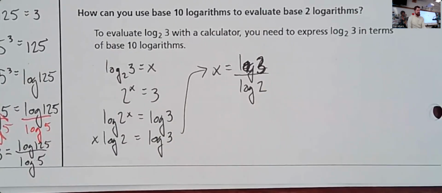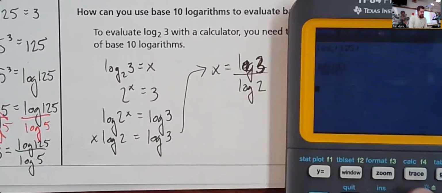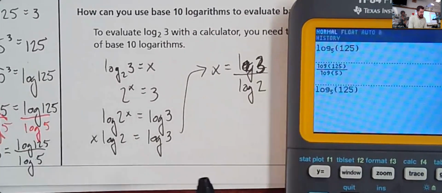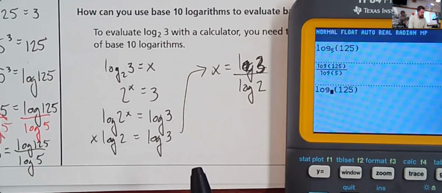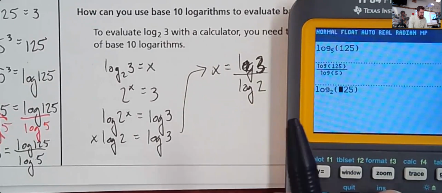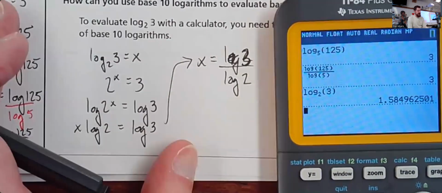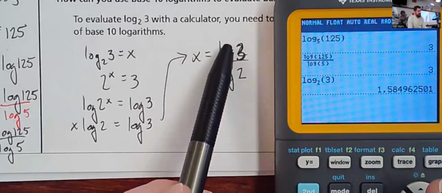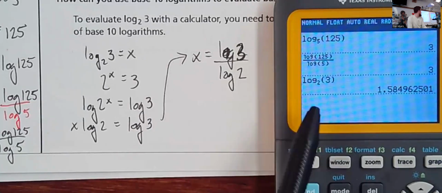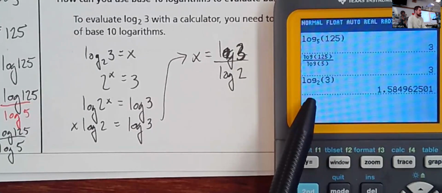So let's see what happens then. I'm just going to copy and paste my original one, log base 5. I'm going to scroll back, change the 5 to a 2, delete a couple of these numbers, change the 5 to a 3. And so we're looking at 1.585 if you want to expand that a little bit further. So then if we go ahead and we type in log 3 divided by log 2, that should give us the same as log base 2 of 3.